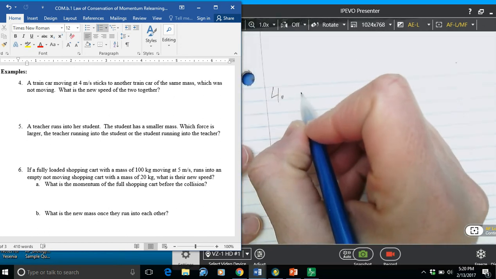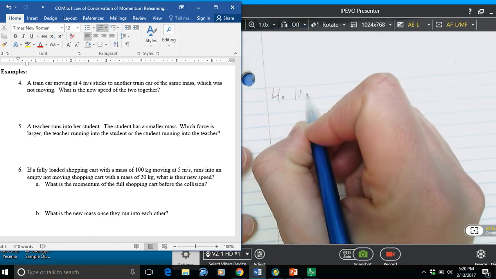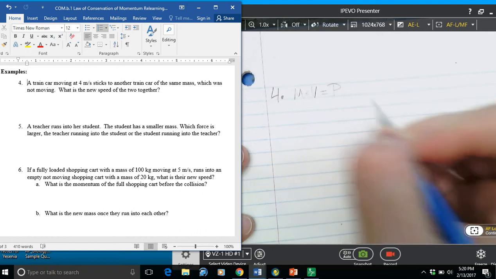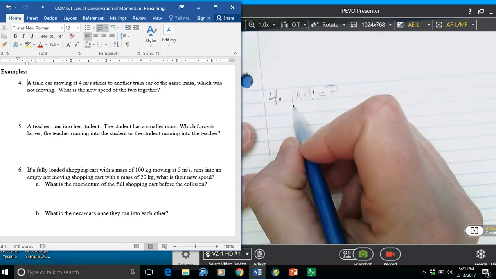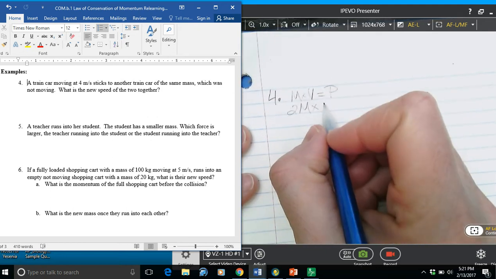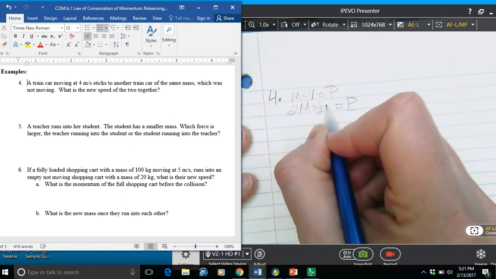And so if the original mass is m, times the original v, and that equals p for our momentum. And if we double the mass when the two train cars run into each other, the only way for this to stay p is for the velocity to be cut in half.